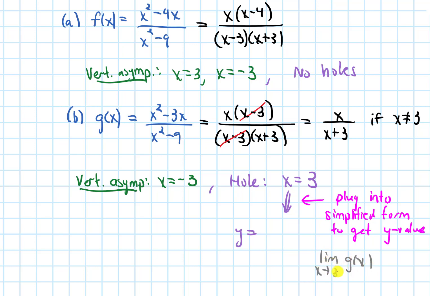When you take the limit, you'd first plug in, and plugging into the original would give you 0 over 0, which means we'd simplify, do this cancellation, and then plug into that simplified form. I'm essentially going to skip that because we've already done the simplification, and just plug into the simplified form. That gives me 3 on the top, on the bottom 3 plus 3, so this is 3 over 6, which is 1/2. So my hole as a point is at 3 comma 1/2.